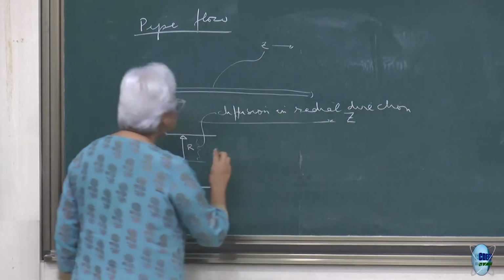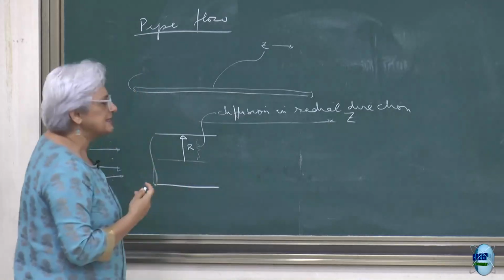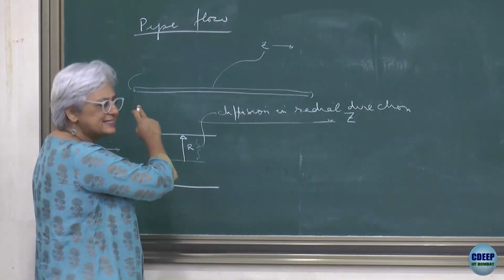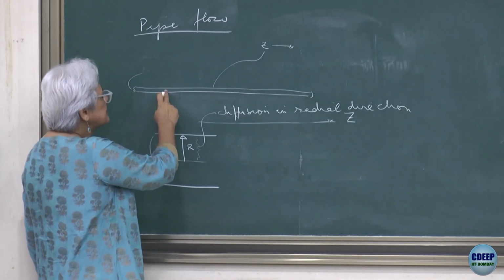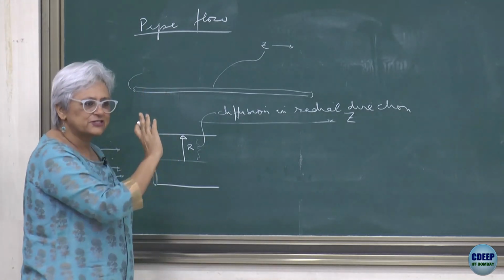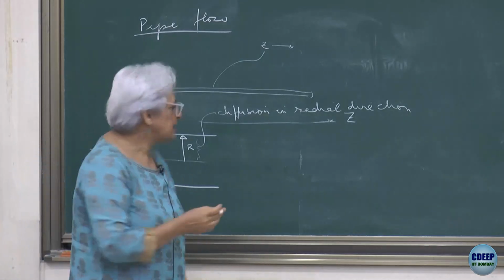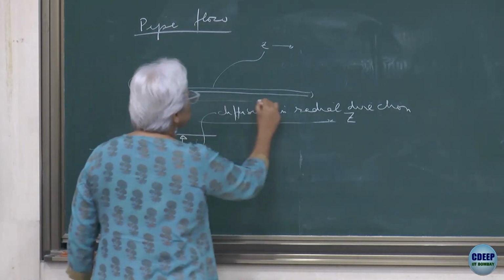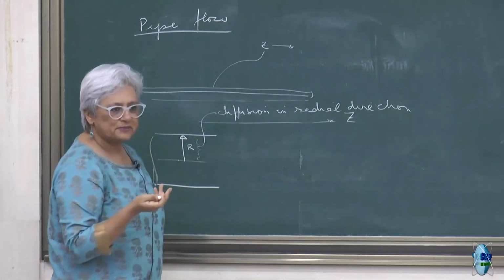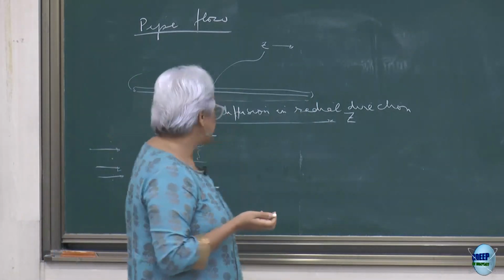And the question that we are interested in answering is: will a particle have enough time to diffuse to the wall and get deposited on the wall by the time the fluid flows all the way through the pipe? That is really what we are interested in.